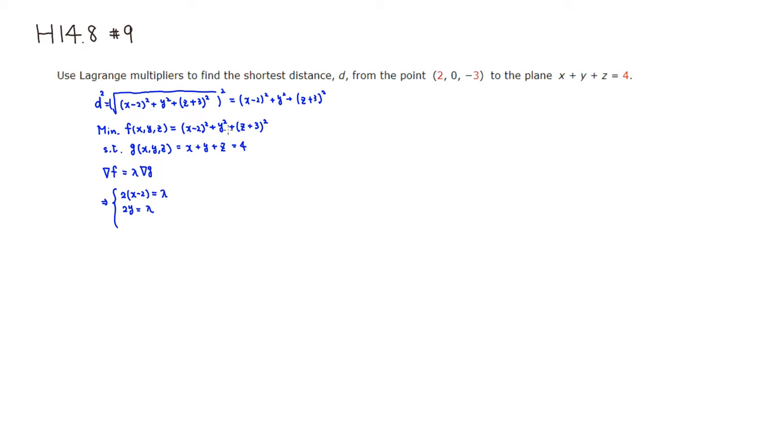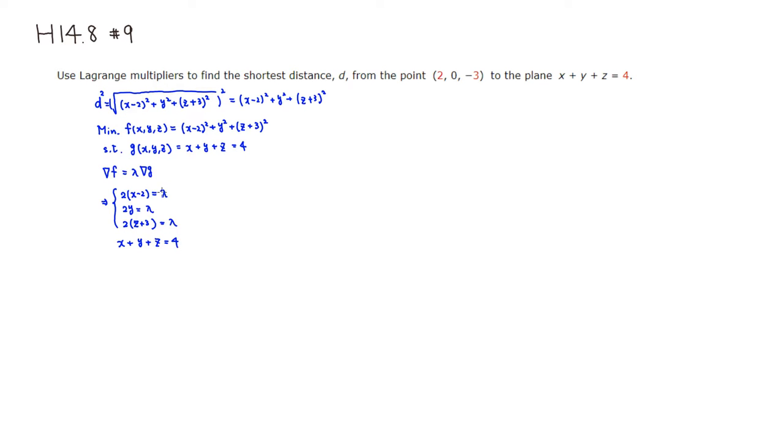The partial with respect to z is 2 times (z plus 3), equal to lambda again. Then we have to satisfy the constraint: x plus y plus z is equal to 4.